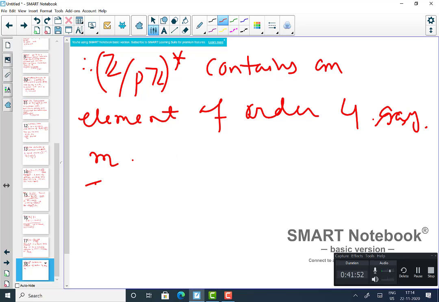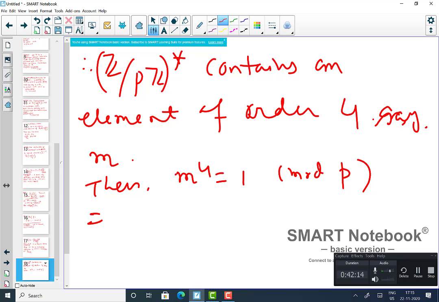So thus m to the 4 is equal to 1 mod p. See, so this is in Z mod pZ star, so mod p, it is this, right?